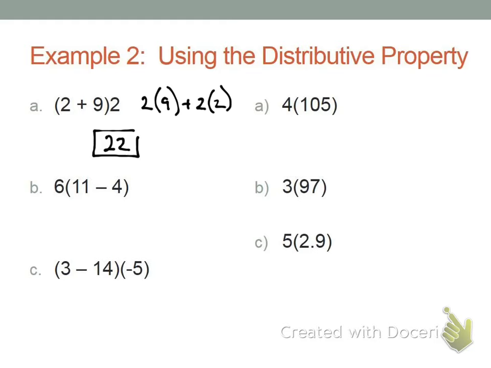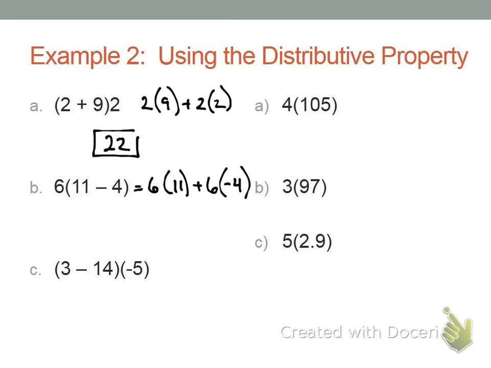All right, but now on B, I have a negative. So I still distribute my numbers. 6 times 11. 6 is positive, so there's still going to be a plus sign. But it's going to be 6 times negative 4. If it's negative in the original, it has to be negative in the equivalent expression. You have to keep the sign.